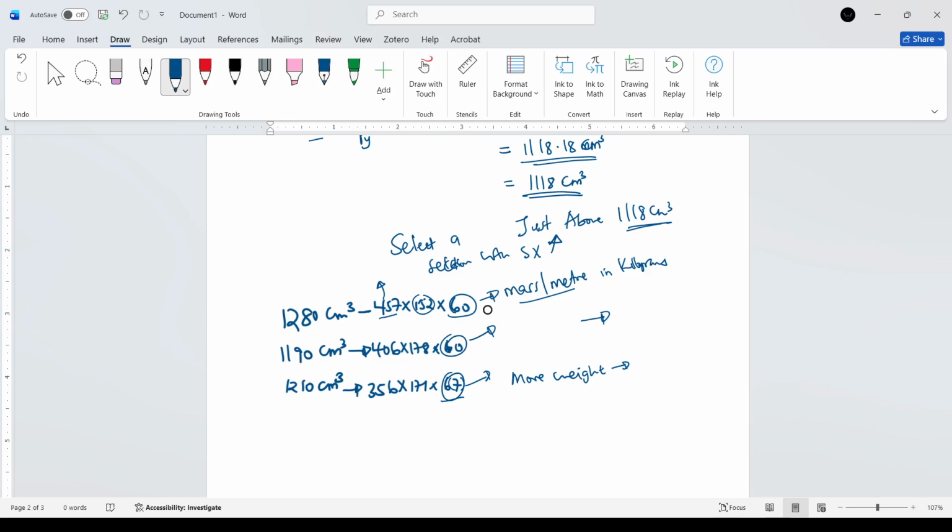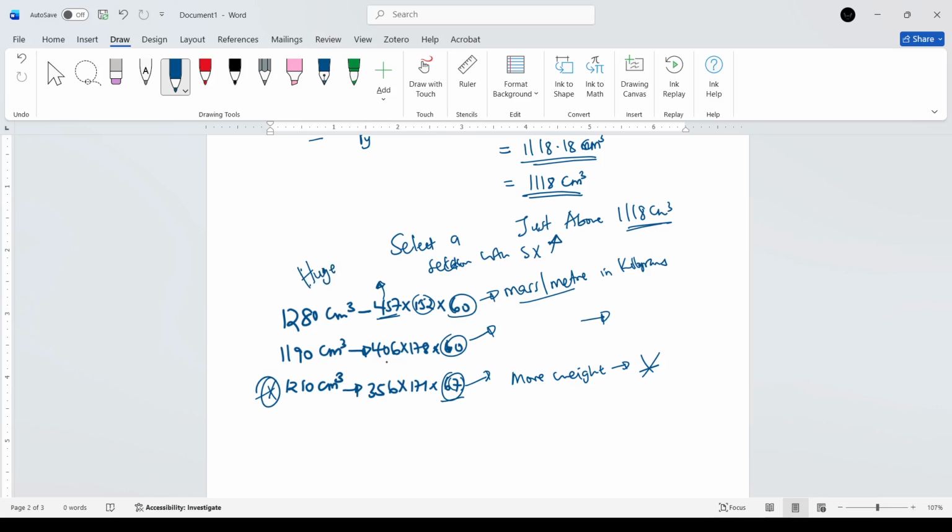We're also going to see that if we are going to consider weight, we are not going to go for this one. So this is an elimination, all these sections are okay, but we have to eliminate and go with one. If you consider the size, then maybe 457 is a bit huge.